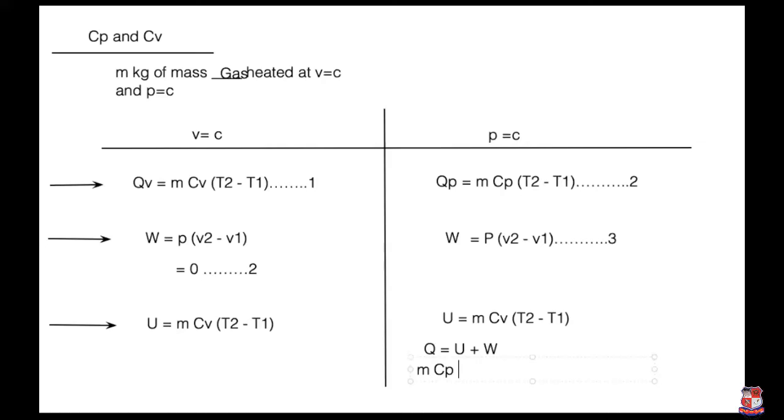It is MCP delta T, it is T2 minus T1, is equal to what? U. What is U? MCV T2 minus T1 plus what is W? P V2 minus V1.